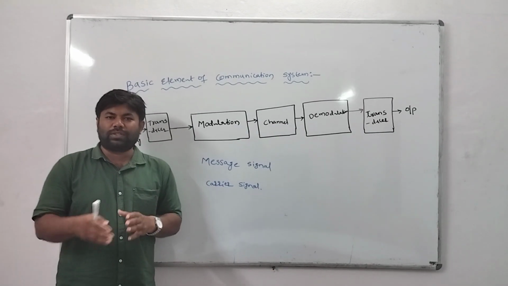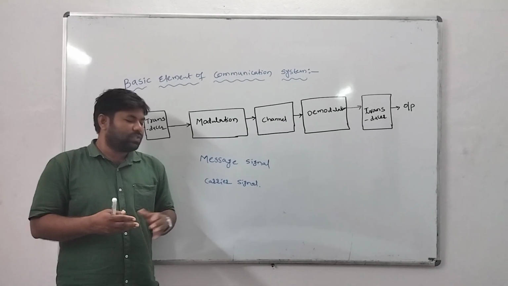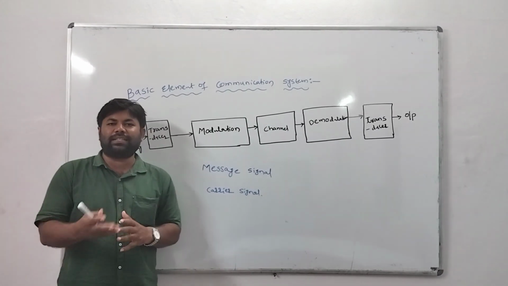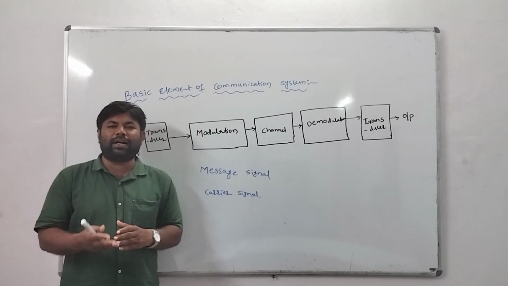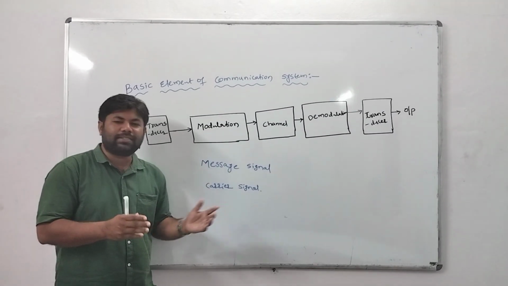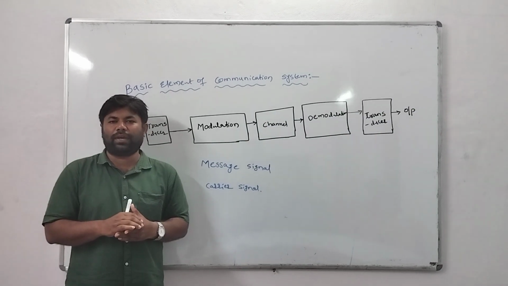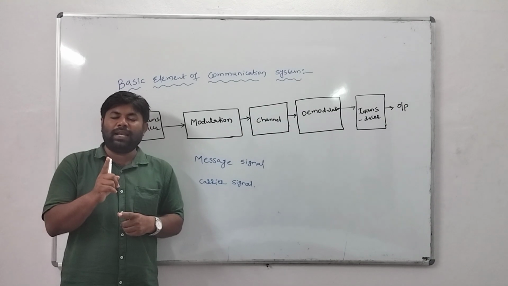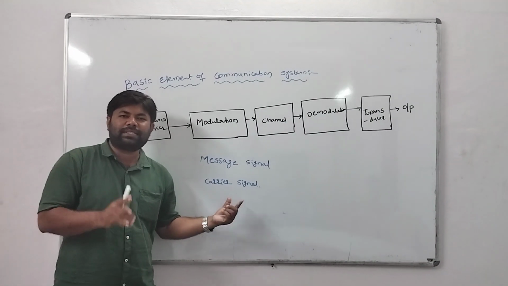So generally we can call the message signal the heroine and the carrier signal the hero. Why? Because the message is a low frequency signal and the carrier is a high frequency signal. So if I transmit data over a long distance, I mainly use the carrier signal.